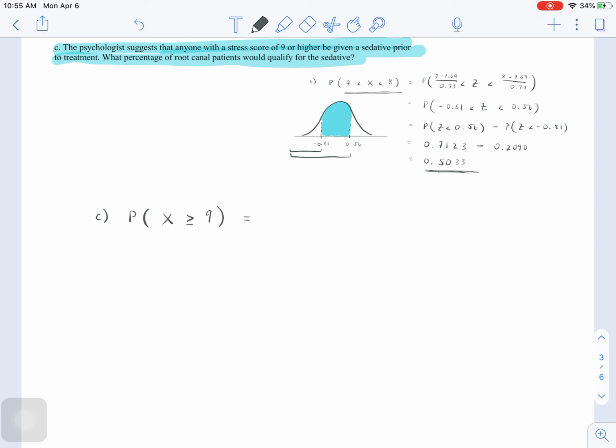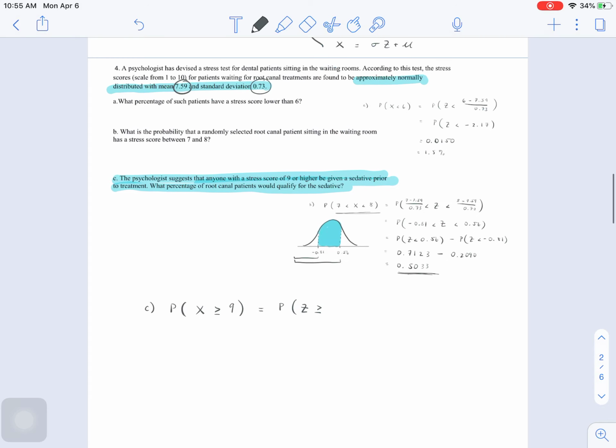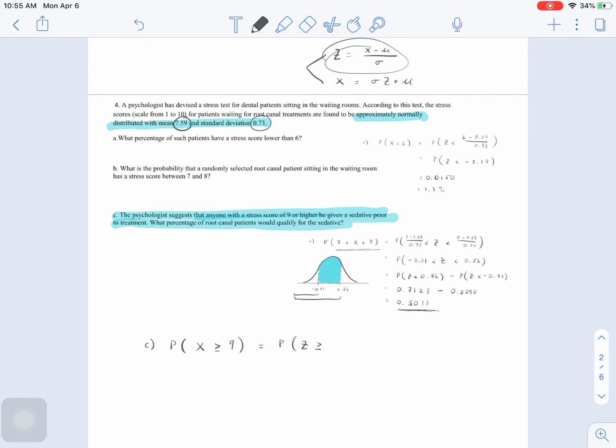To calculate this probability, I'll convert this to a z-score. This is equal to the probability that z is greater than or equal to, and there's my formula here to convert to a z-score, 9 minus the mean, which is 7.59, divided by sigma, or standard deviation, which is 0.73.